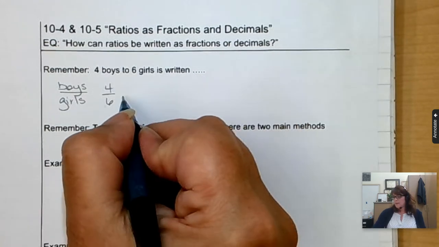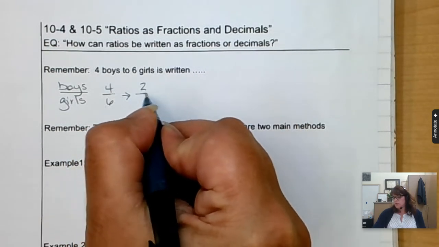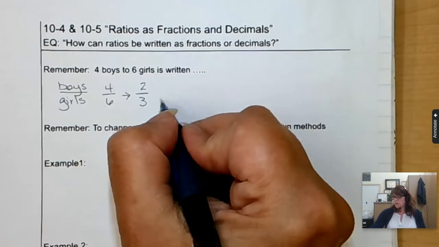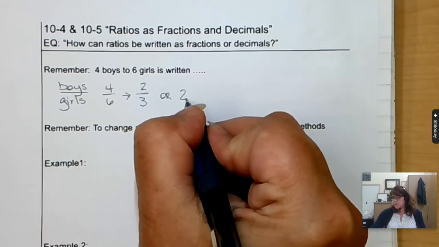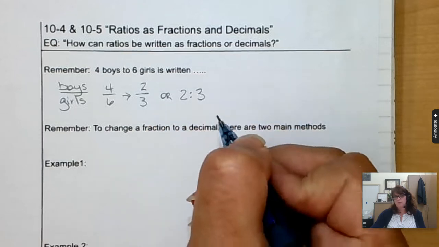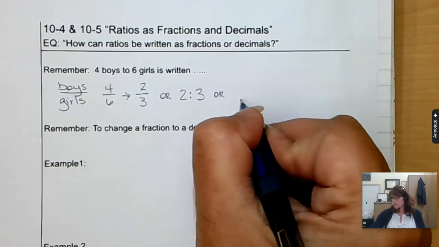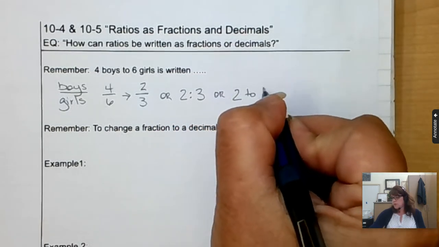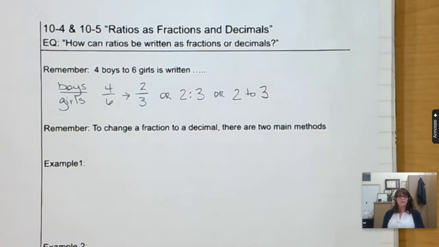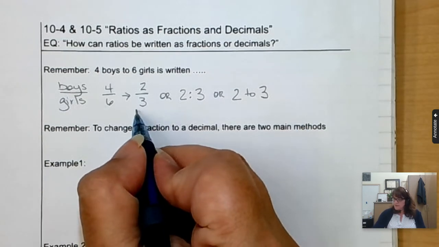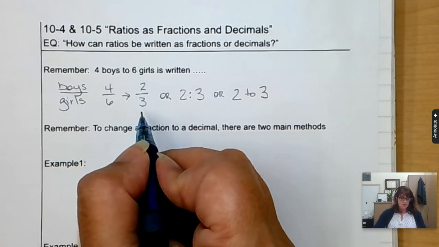And that would be simplified as a 2 to 3 ratio, which could also be written as 2 to 3 or 2 to 3. But simplifying is important.